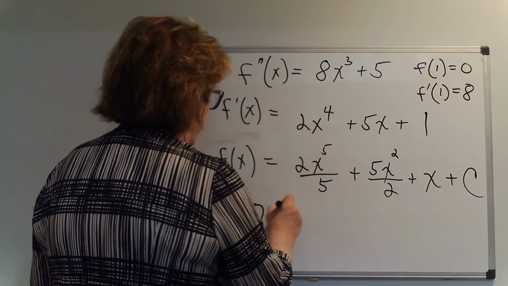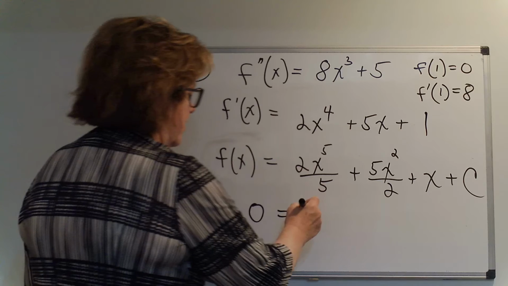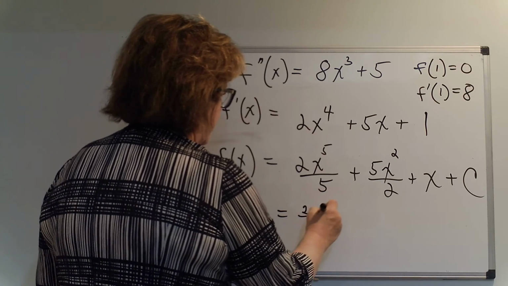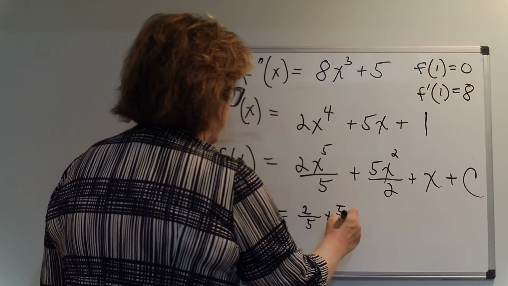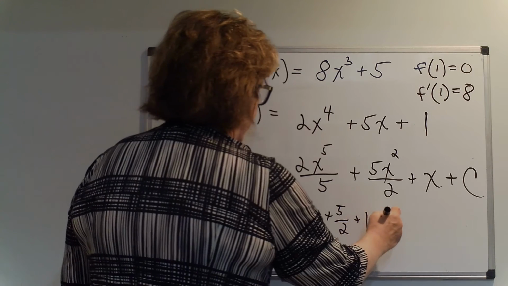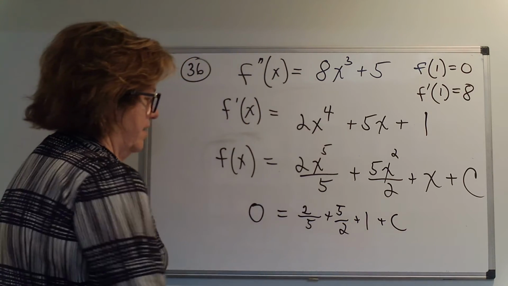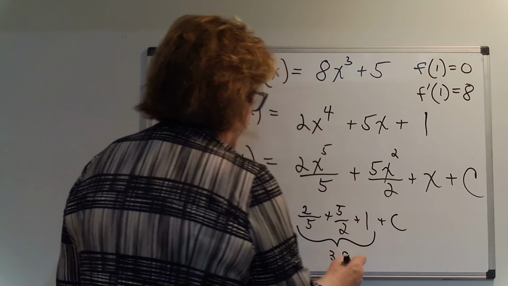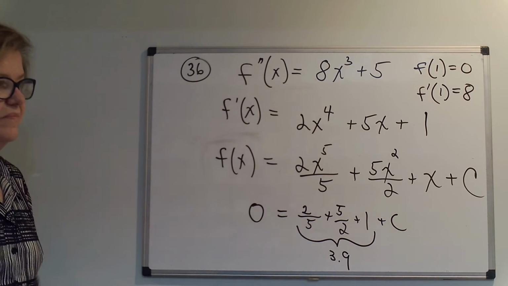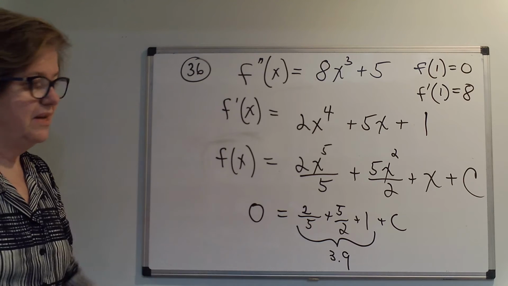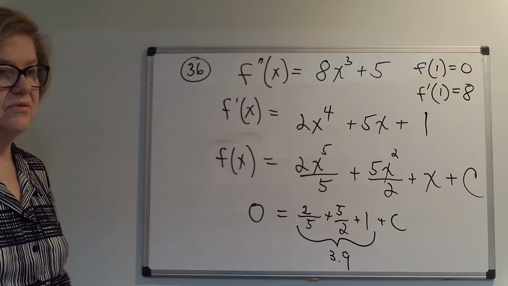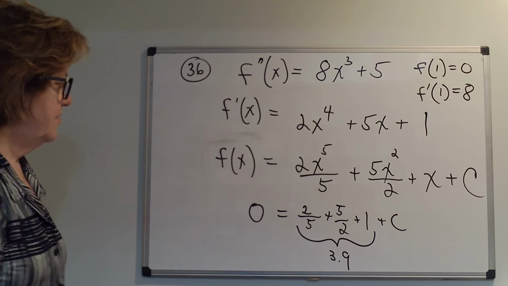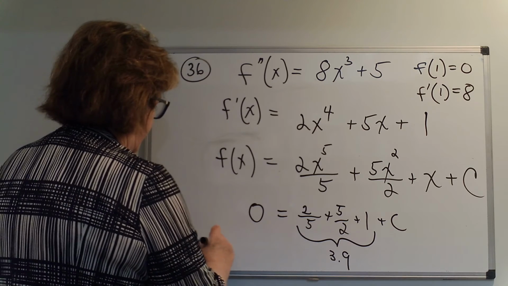So we should put in a 1 here, and we get 2/5 plus 5/2 plus 1 plus c. It turns out that these add up to 3.9. It's a nice terminating decimal, so we can write it as 3.9. So c must be equal to negative 3.9.